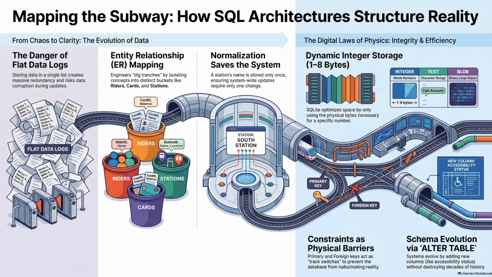And if we connect this to the bigger picture, that is the exact vulnerability the foreign key is designed to solve. The foreign key acts as a physical track switch. How so? Well, when the swipe log tries to record that Charlie entered Park Street, the foreign key constraint pauses the transaction. It actively looks across the database over to the stations table and verifies that a primary key for Park Street actually currently exists.